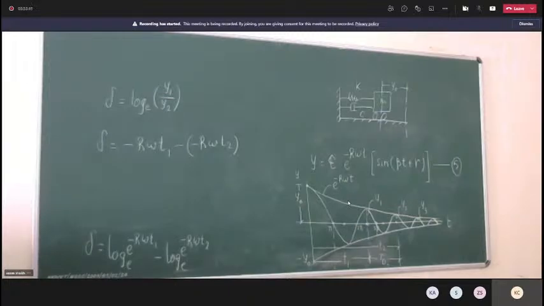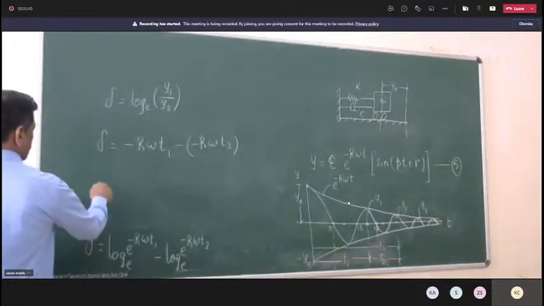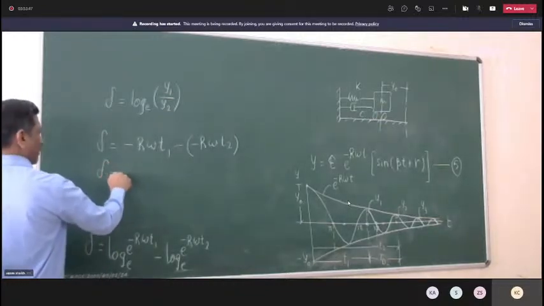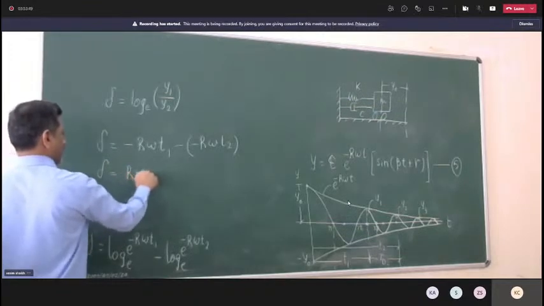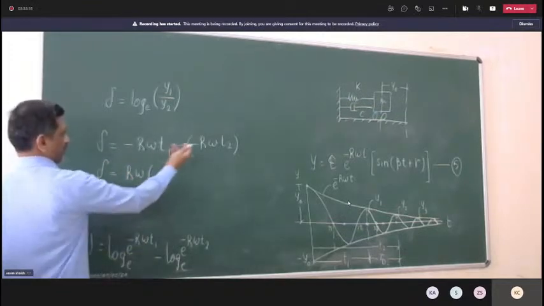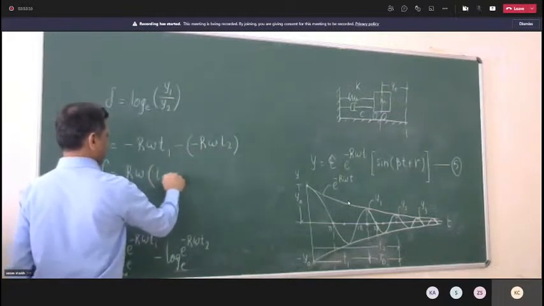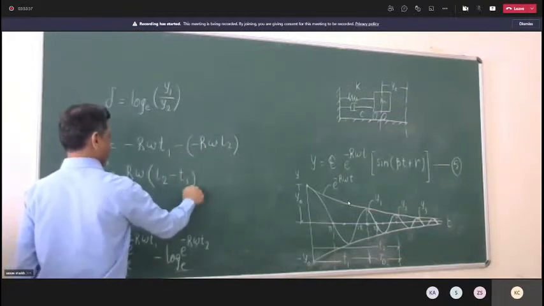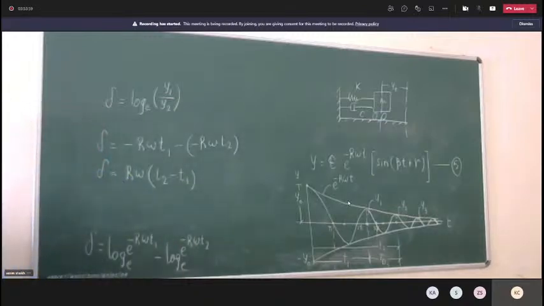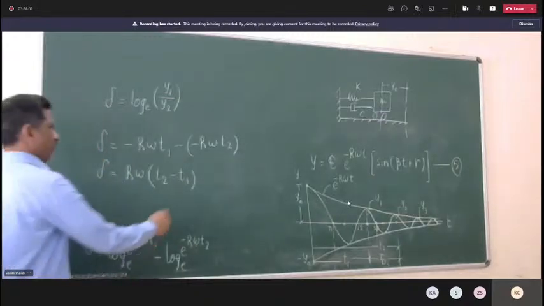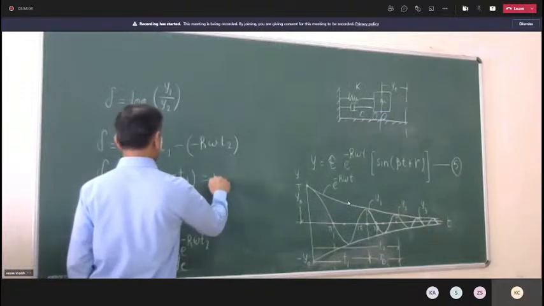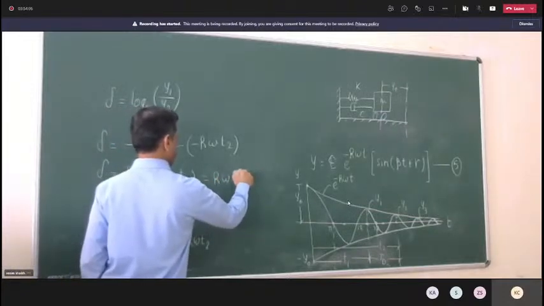Right? Okay. And so you will get delta is equal to, let me take r omega common. So minus minus is plus, and then write this equation as t2 minus t1. T2 minus t1 is T_d. So it is r omega into T_d.